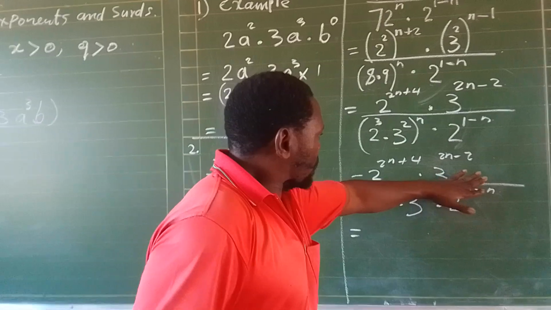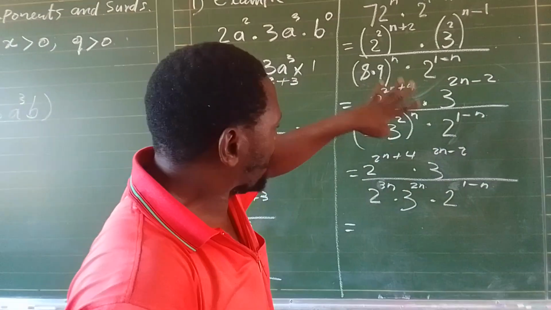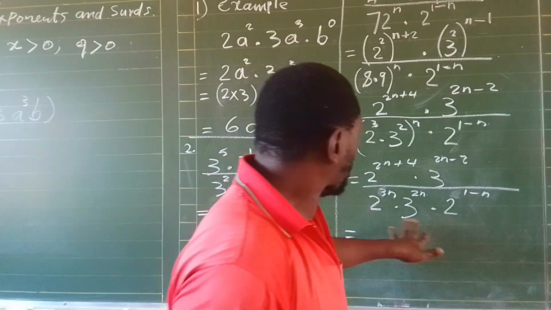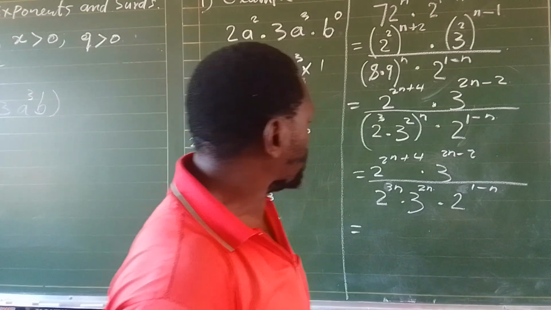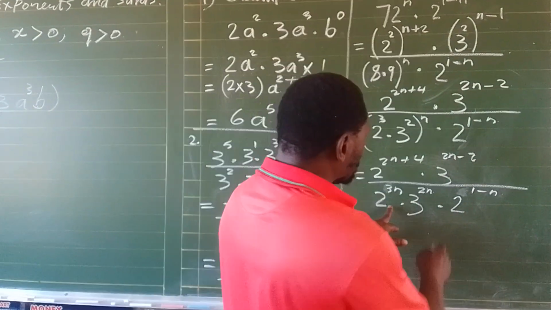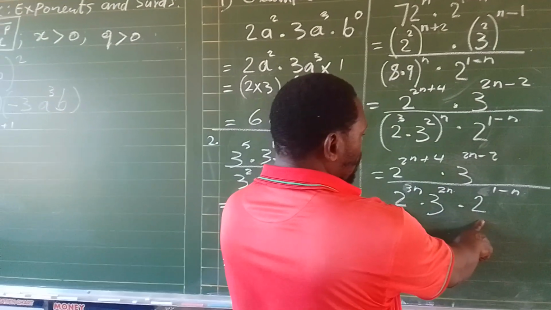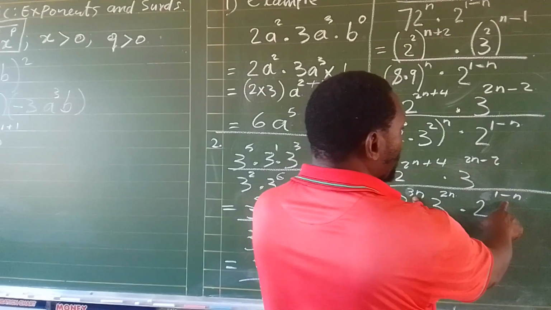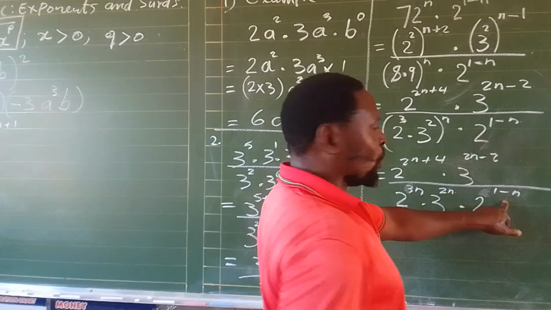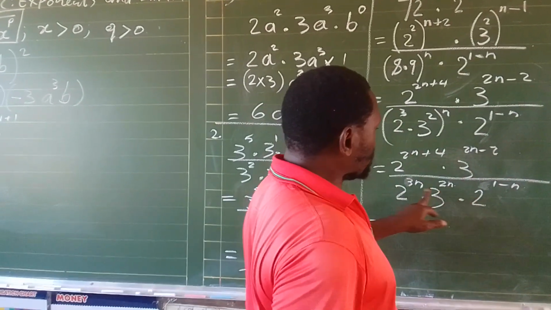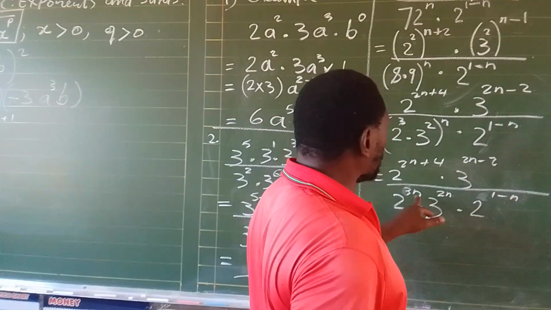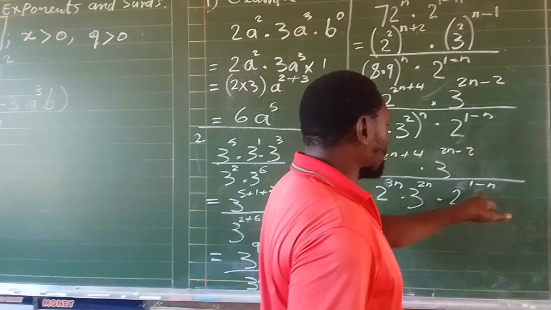Now, everything that is in the numerator, we leave it as it is. We're dealing with the one that is in the denominator. We can take this, a 2 and a 2, is going to be 3n minus n plus 1, which is 3n minus n is 2n, plus 1.